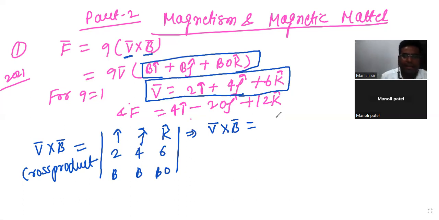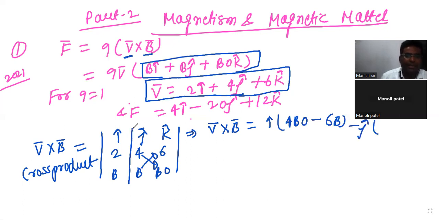So for finding the I unit vector, we multiply 4 into B naught minus B into 6. So it will be 4B naught minus 6B. Minus J into, so when we consider J, we omit this part, then multiply 2 into B naught. So it will be 2 into B naught, right, minus B into 6.